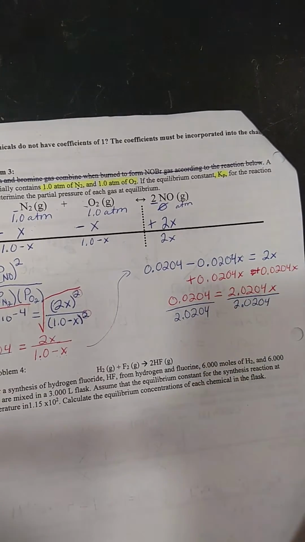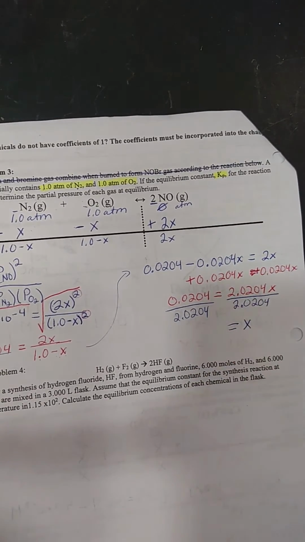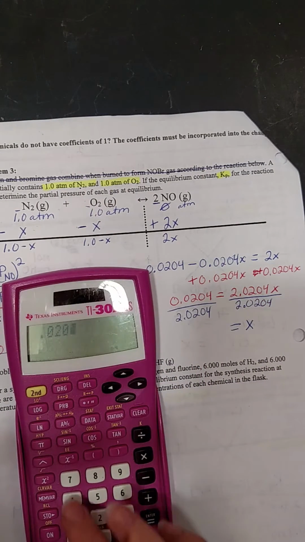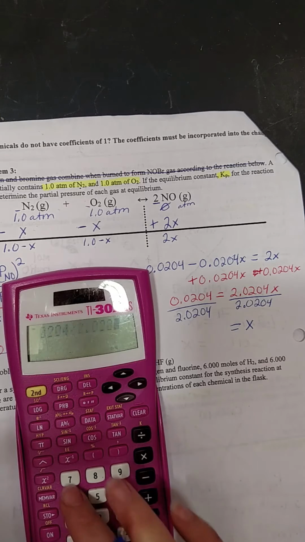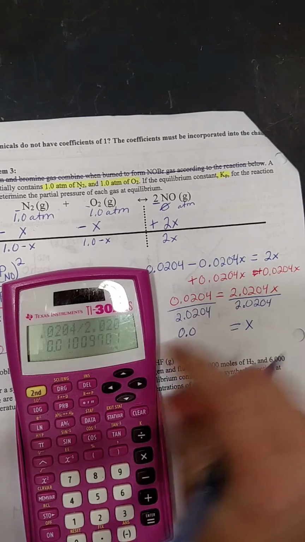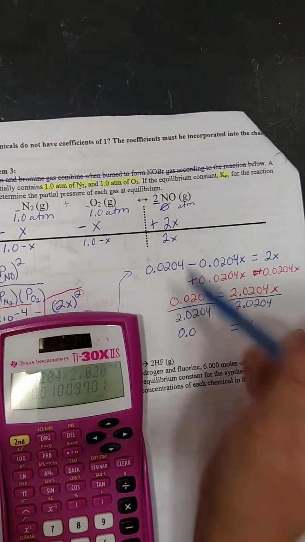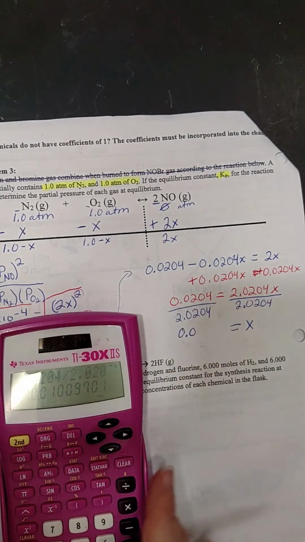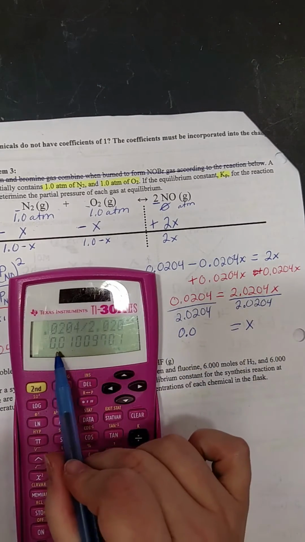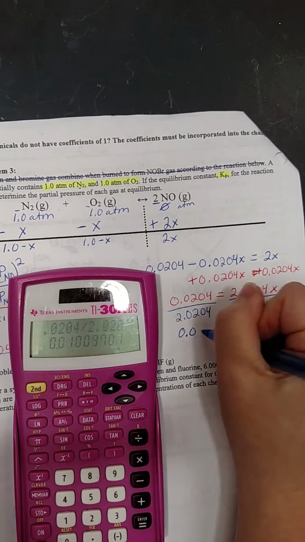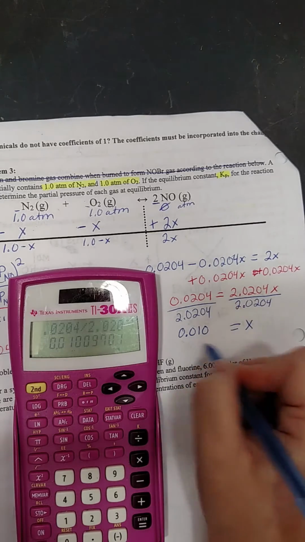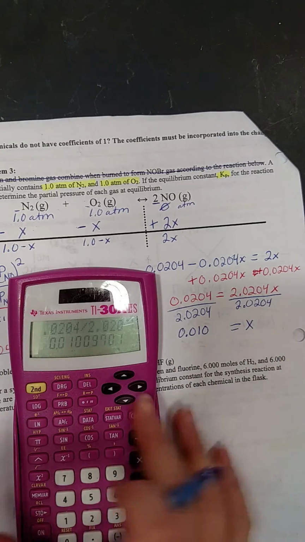I think a couple classes we stopped right there. So we get x equals 0.0204 divided by 2.0204, which gives us 0.0... Let's see, our givens had 2 significant figures and 3 there. We're going to go with 2. Just 0.010. All right, that's all we get. So that is our x value.